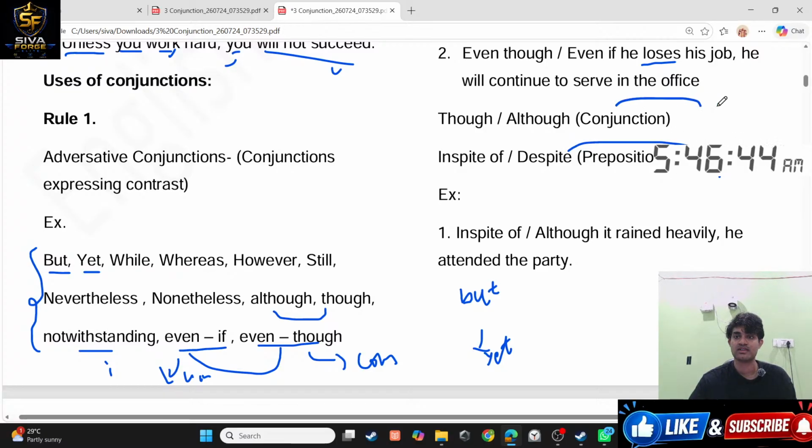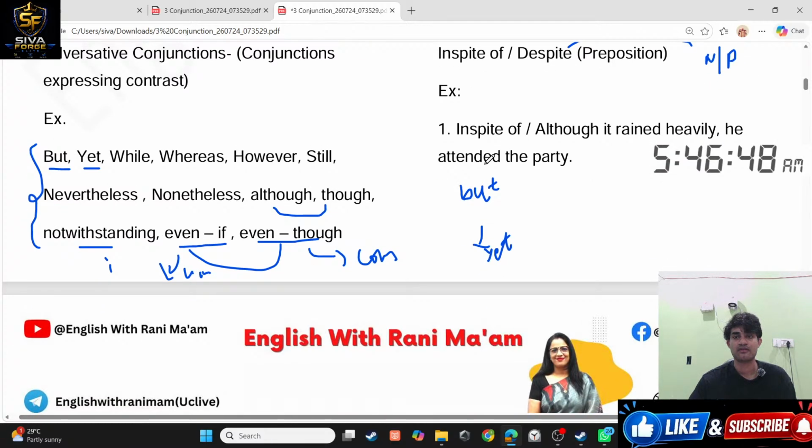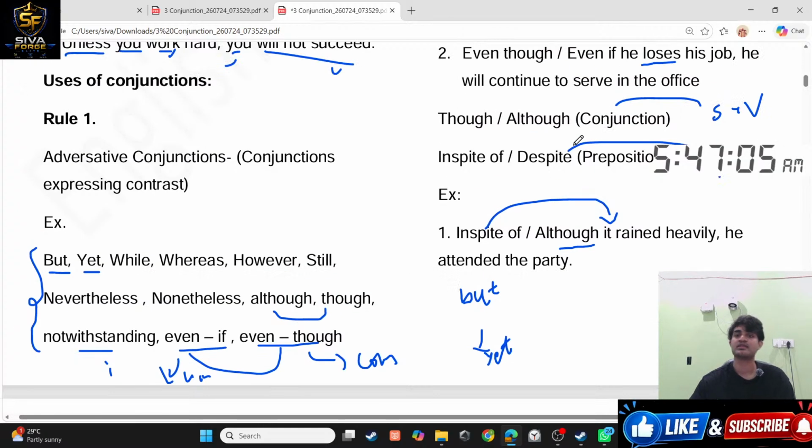After a conjunction we get subject verb, a clause. In spite of it rained is subject verb. So: although it rained, he attended the party. Although, though, in spite of and despite give the same meaning, I think so.